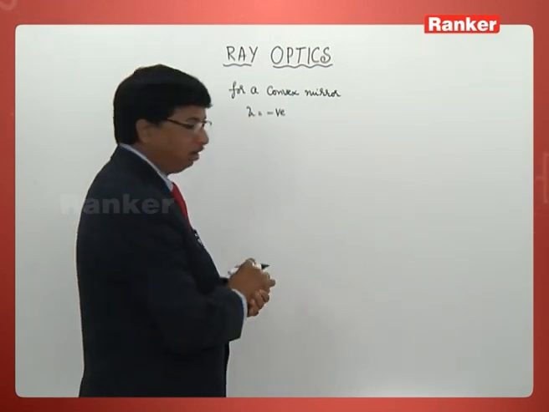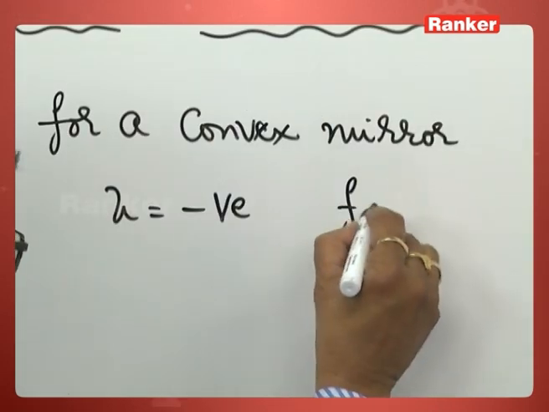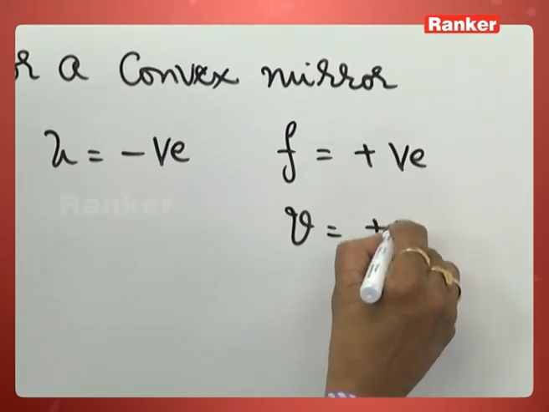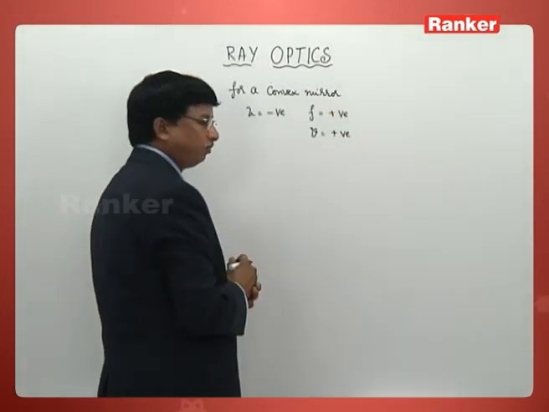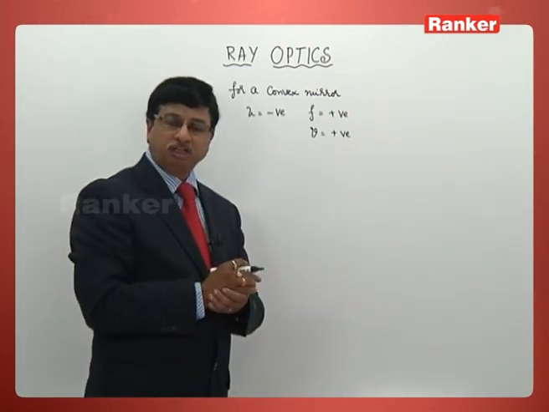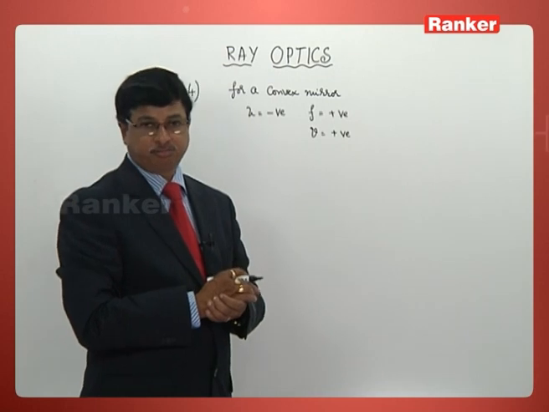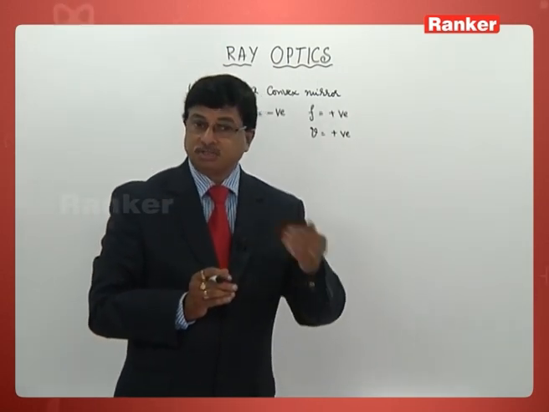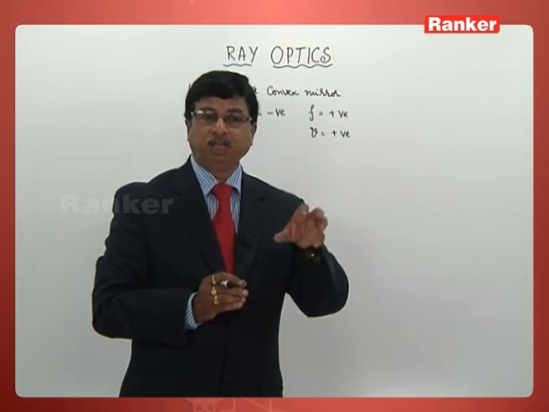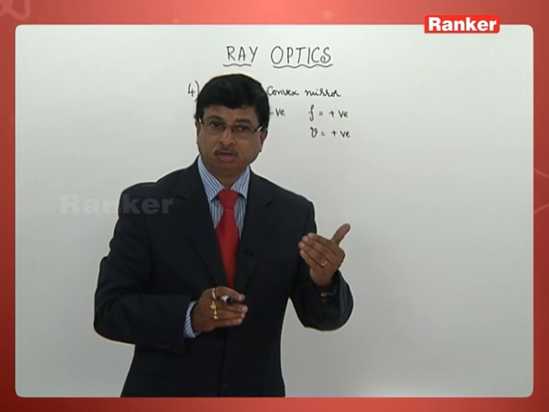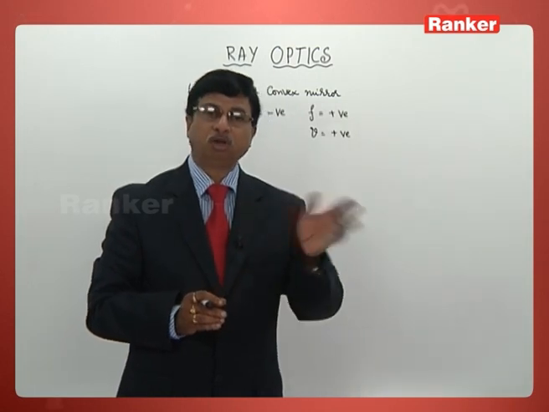And we know pretty well, f is going to be positive and image distance also will be taken positive. That is a convention. And what is the thing he is giving you? Focal length f. Real object is placed at a distance f by 2 in front of the mirror from the pole.